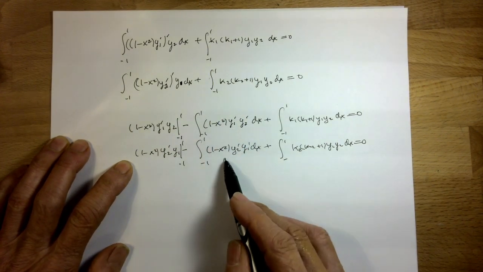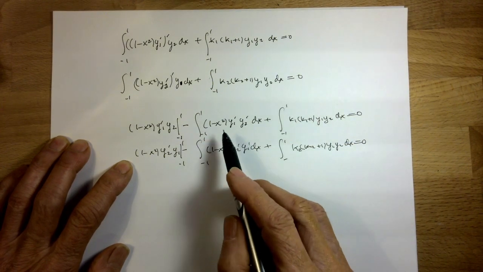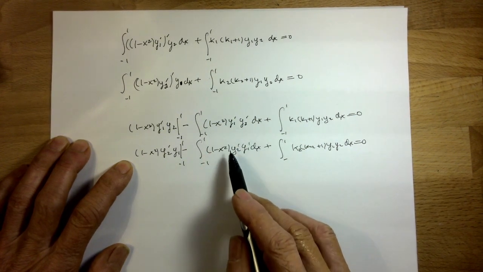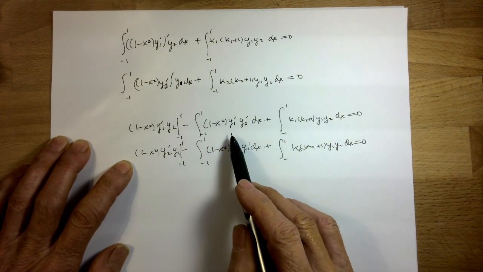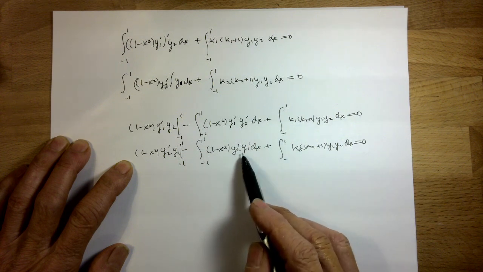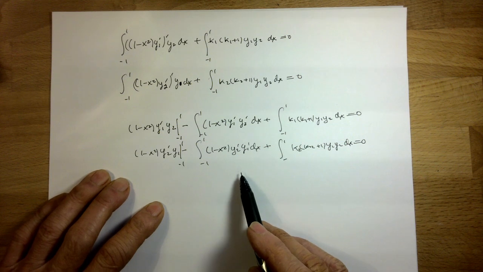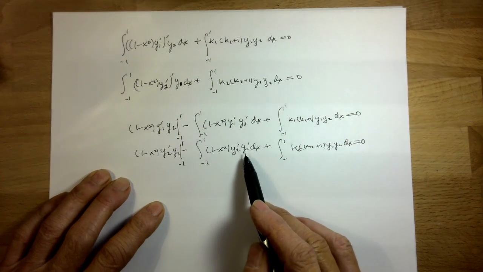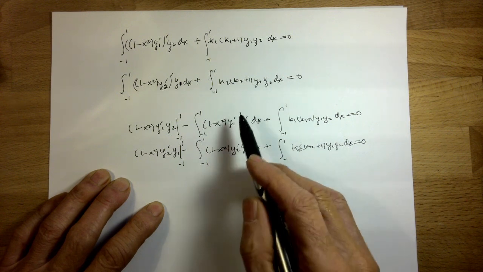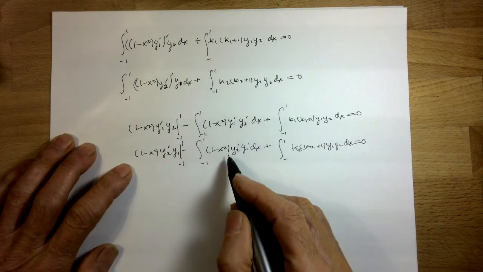We're left with these two terms, and these two terms are the same: (1 minus x squared) y1 prime y2 prime dx, and (1 minus x squared) y2 prime y1 prime dx. Those are obviously the same, so I'm going to subtract this equation from this equation, and these two terms go away.